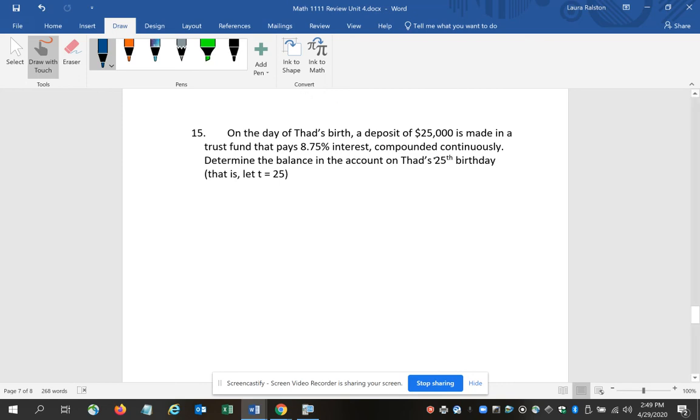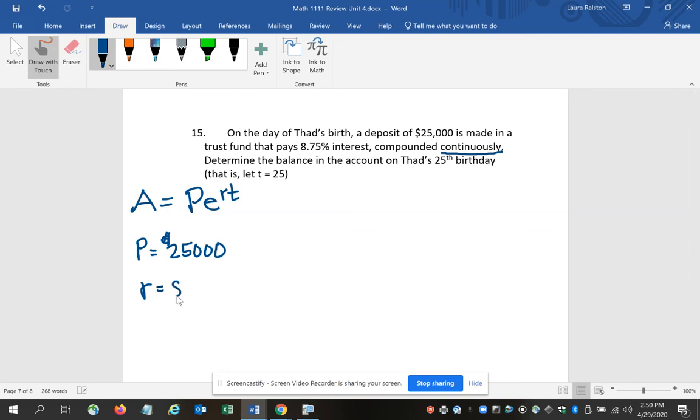So what jumps out at me initially is it says continuously, because that determines my formula. My formula here, because it's continuously, is A equals P times e to the RT. It tells us in the story that $25,000 was deposited into a trust fund on the day that he was born.